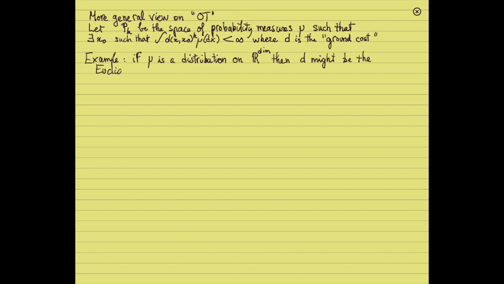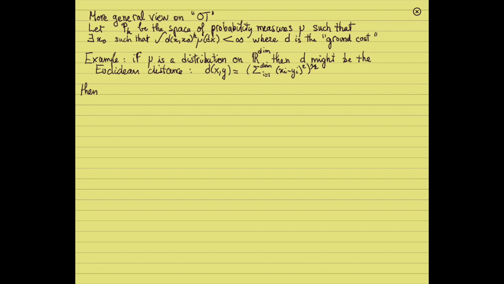The Euclidean distance is defined as d(x, y) equal to the square root of the sum over all the components of the squared difference between xi and yi for component i.